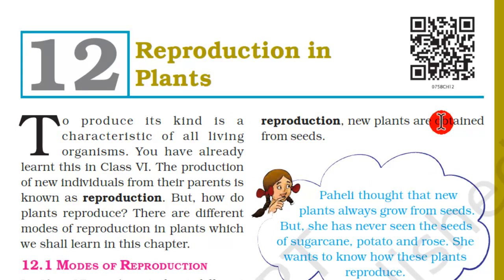Hello students, in this video we are going to discuss chapter number 12, reproduction in plants. As we know, in the previous class, that is in class 6, we have already learned about reproduction, which means the production of new individuals from their parents.